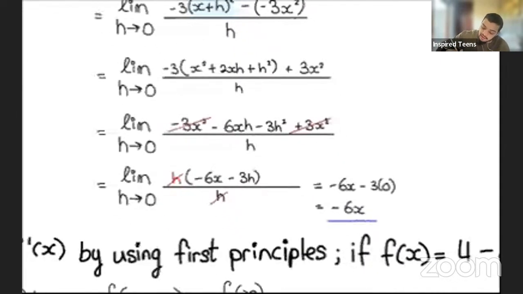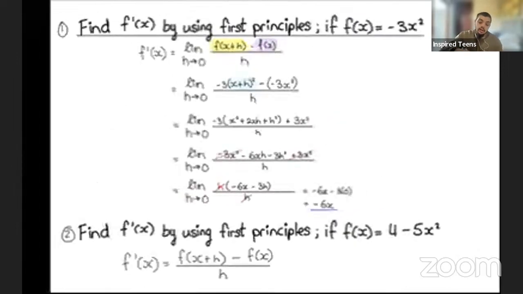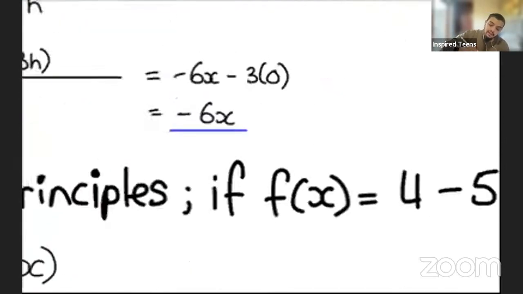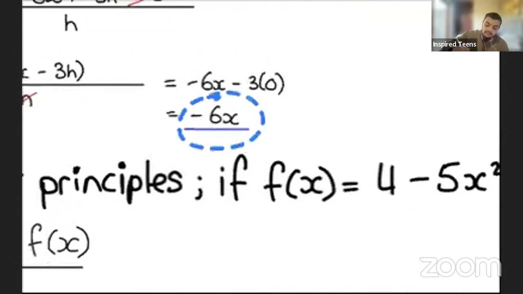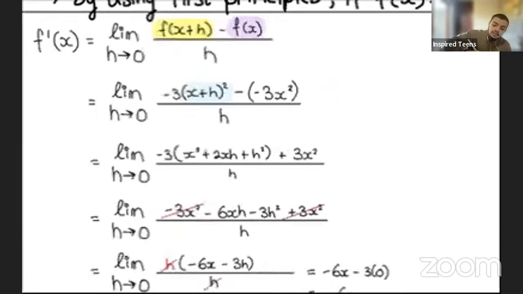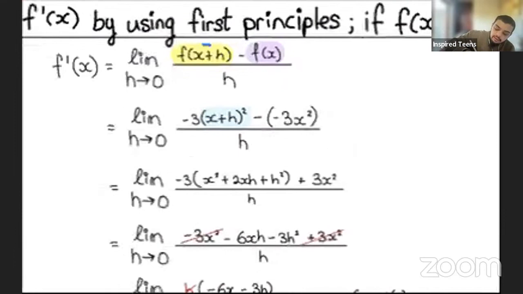Whatever this simplifies to is the final answer. This is the first derivative of our function. Our function is negative 3x squared, and its derivative is negative 6x. Using first principles, that's how we determine the first derivative of a function. Again, f of x plus h, wherever you see x, you replace it with x plus h. That's exactly what we did.